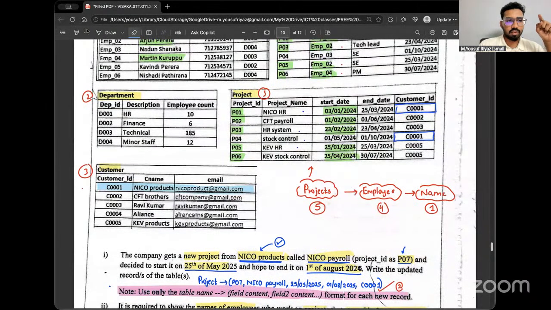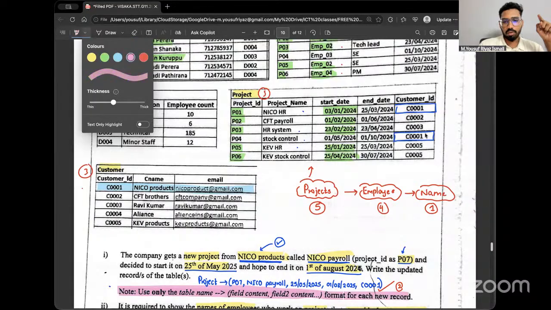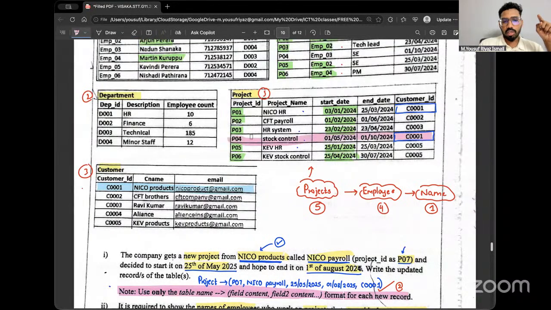For example, if I give you this record and I ask you about this project P04, which customer did the project come from? You all should be able to tell me. Look at P04 and tell me which customer this project came from. What is the name of the customer?